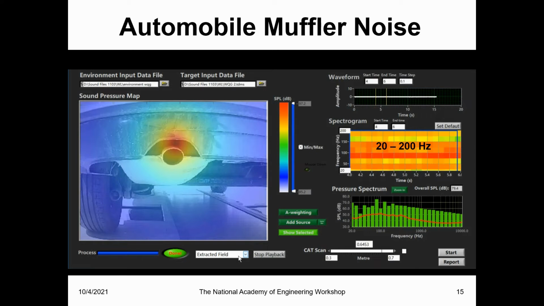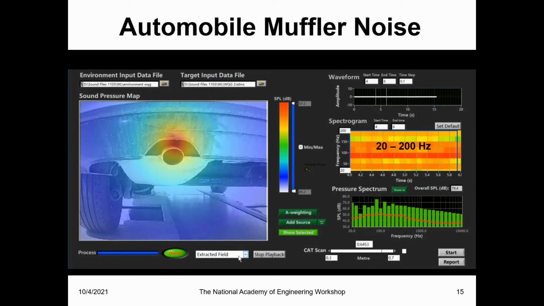Now let's see some representative examples of using sound viewer technologies to analyze the complex noise sources, for example, automobile muffler noise. Note that the spatial resolution of sound viewer is independent of the frequency.